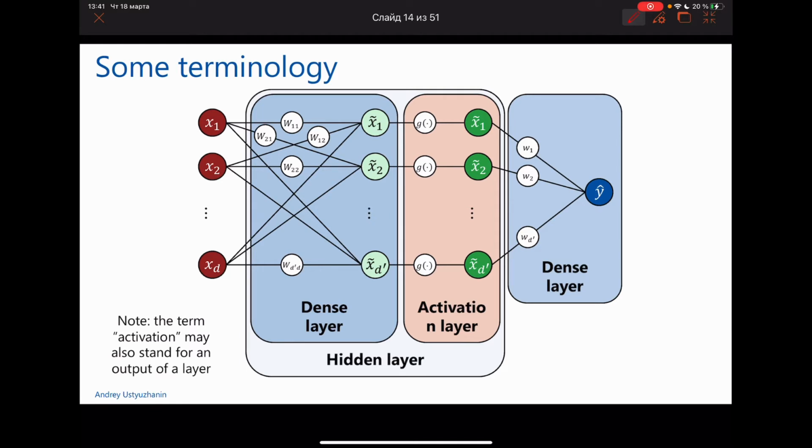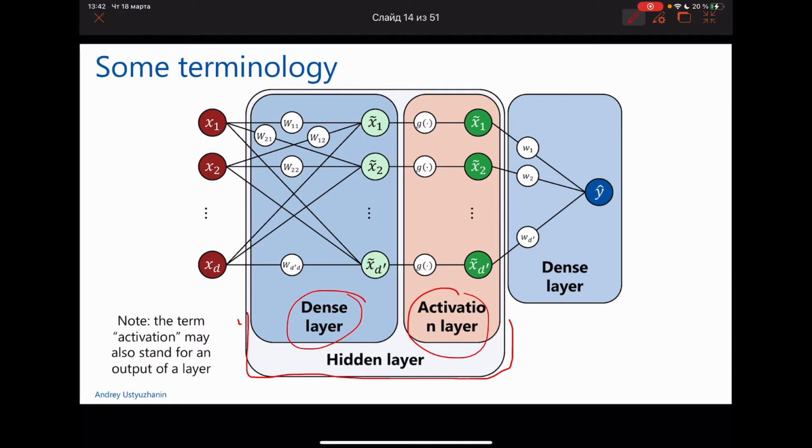And usually those dense layers and nonlinear layers are combined together, because it doesn't make much sense to go with dense layers alone. That's why those two are usually joined into a compound object that is called hidden layer.